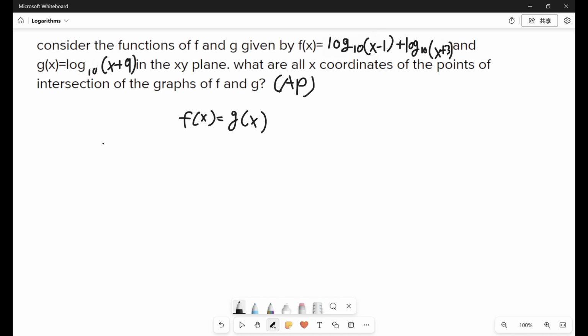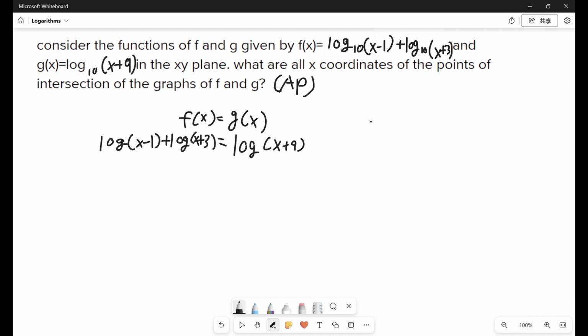If we plug these values in, we know that log (x minus 1) plus log (x plus 3) is equal to log (x plus 9). We don't have to write the base because the base is 10. So we have this equation.